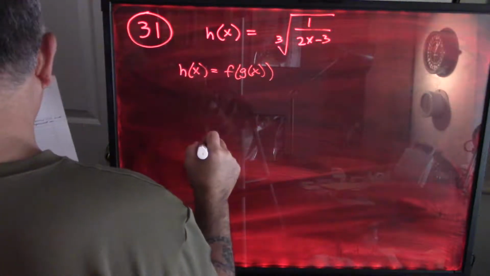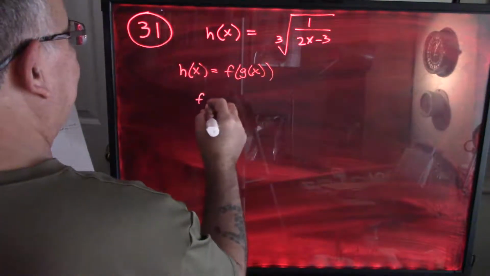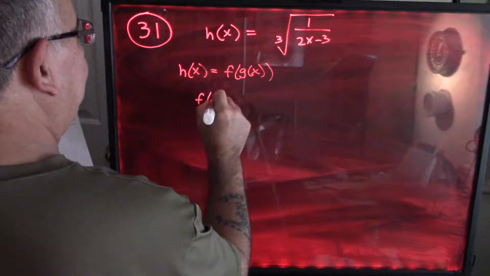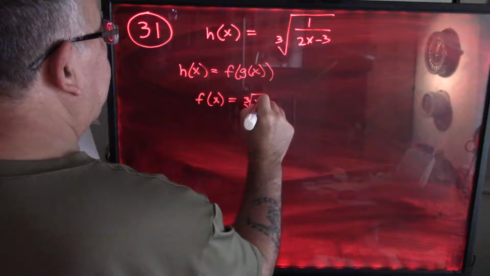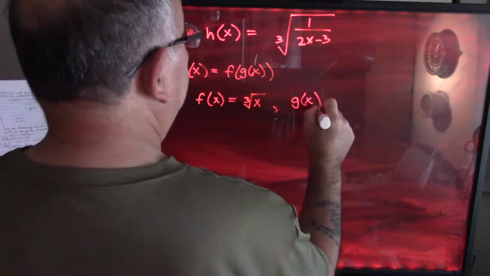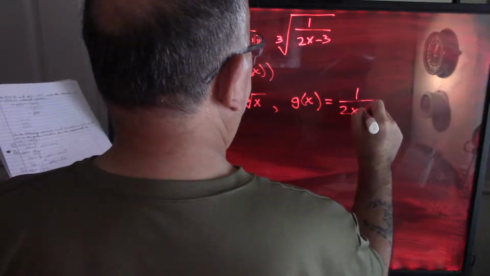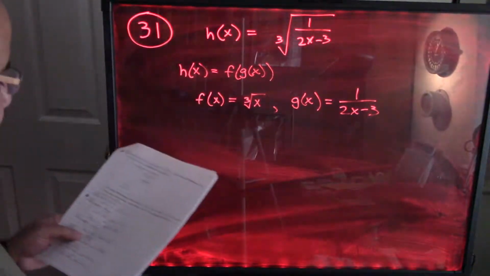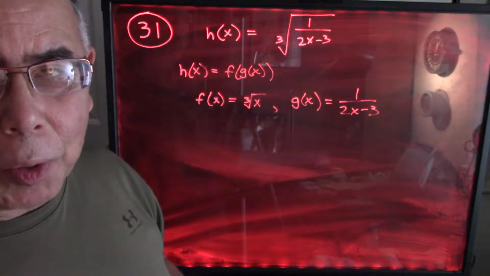Alright, so f of x could be, I'm thinking already of cube root of x. Alright, f of x is cube root of x, and g of x would obviously have to be 1 over 2x minus 3. Okay, so that seems to be a straightforward way of doing it.